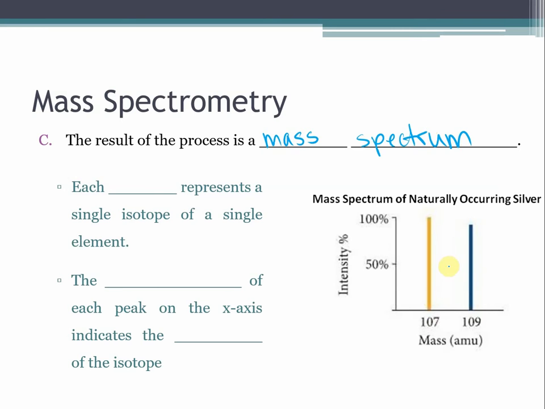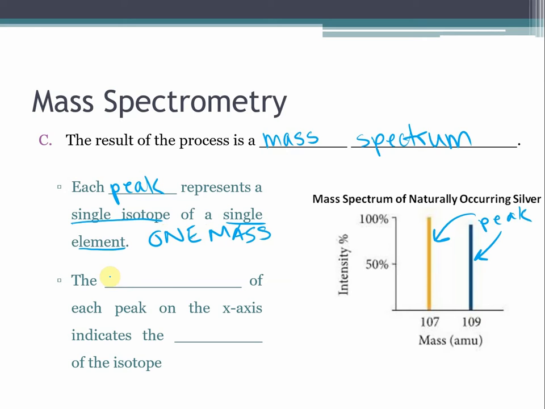And each of these lines in the spectrum is called a peak. Each peak comes from one of those masses hitting the detector in a different spot. So each peak represents a single isotope of a single element. Each peak represents one mass. Each mass gets its own peak.